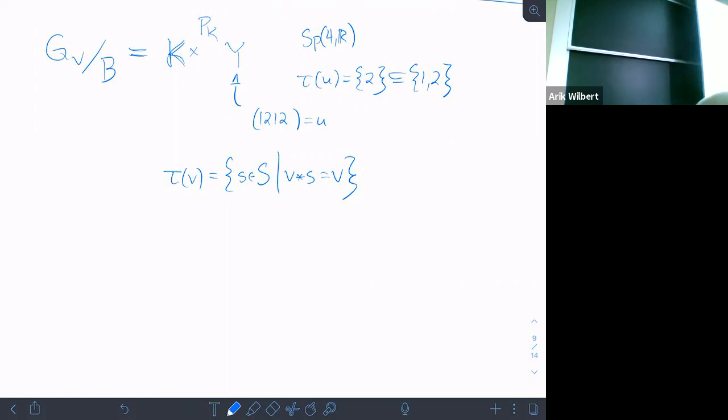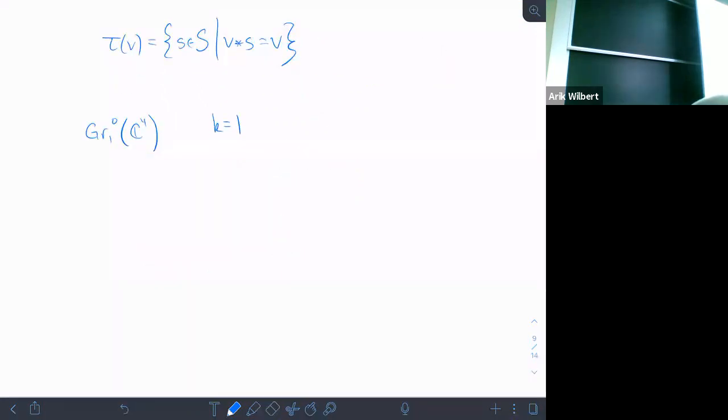So if you look at this one, k equals 1. There's always just four orbits if k equals 1 and n is at least 2. So it looks something like this, here's the orbits in the flag variety.